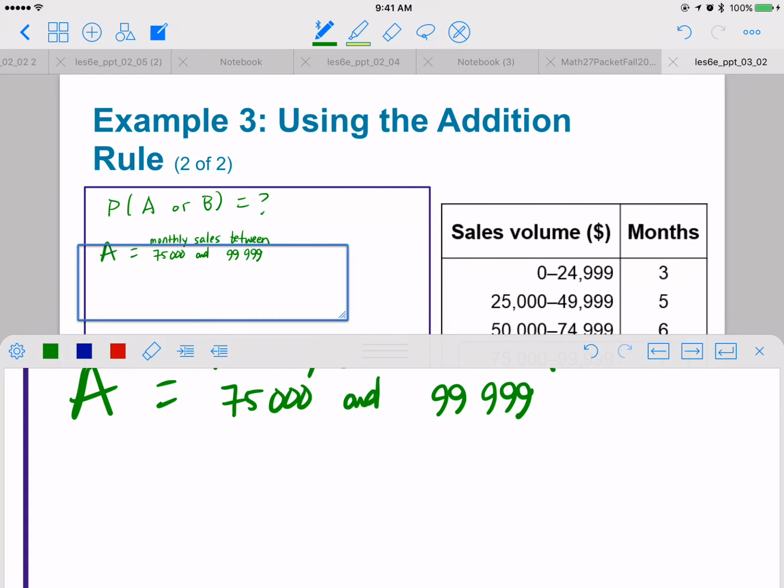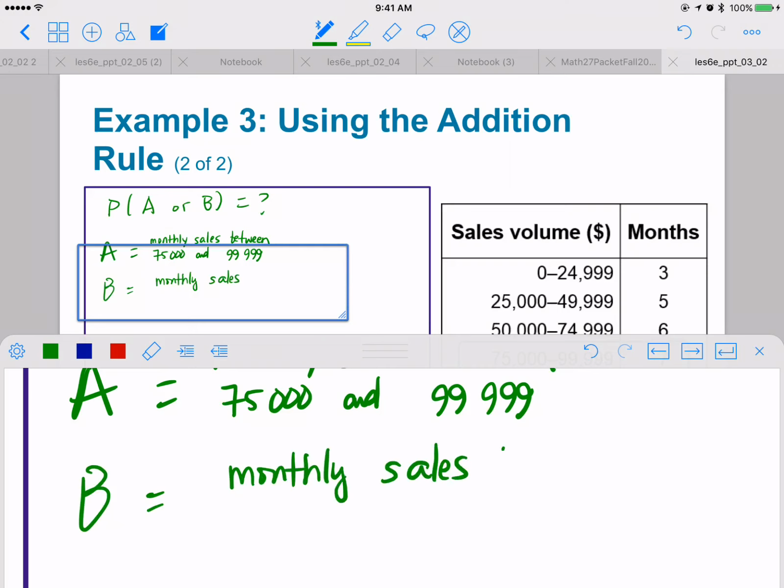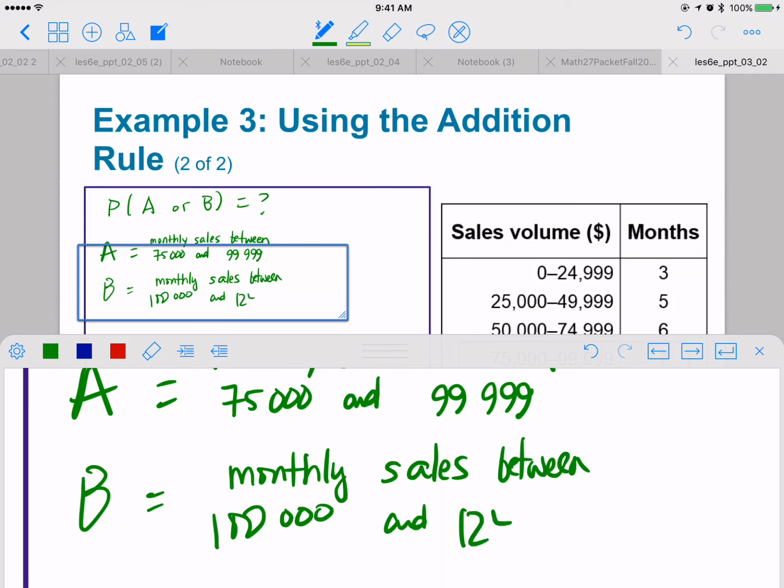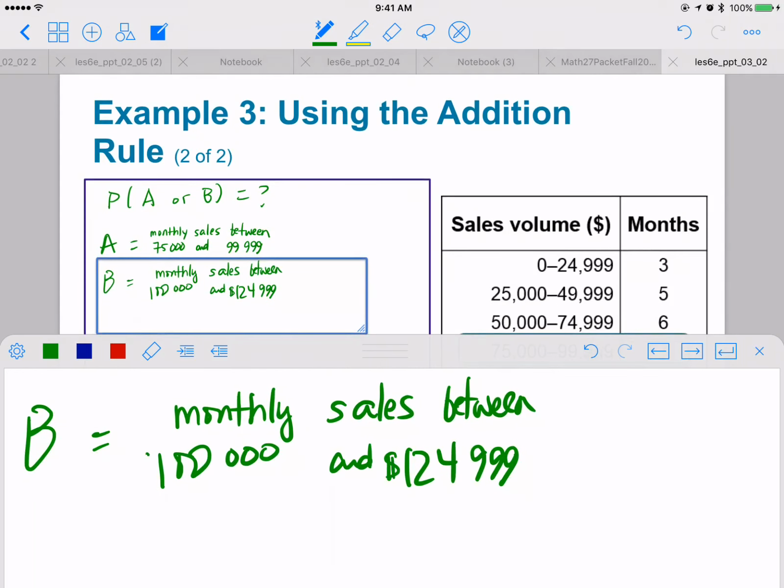And B is going to be the event that you have monthly sales between 100,000 and 124,999. And of course, the units are dollars.